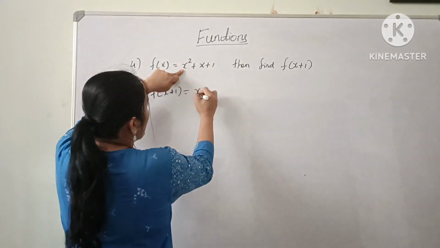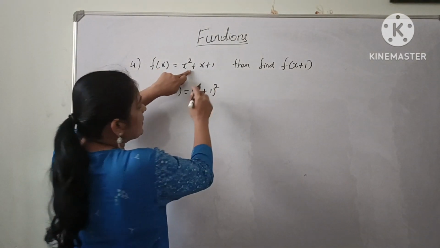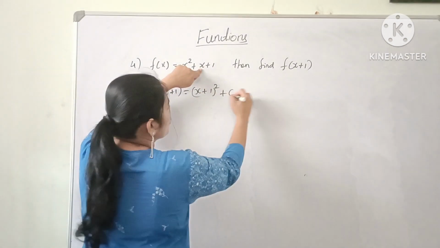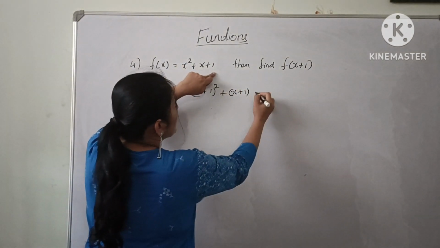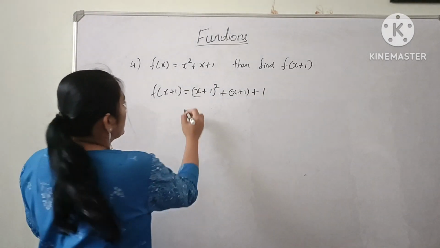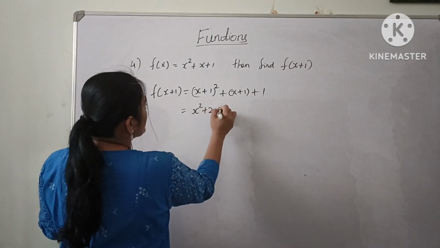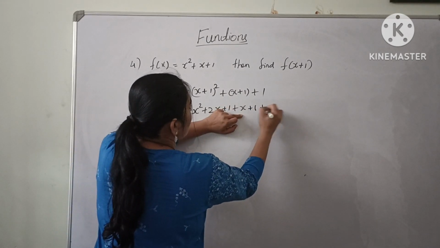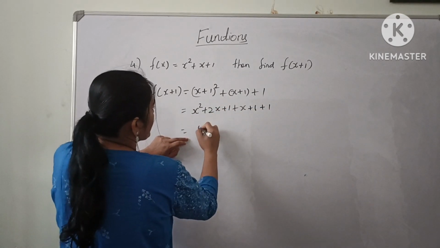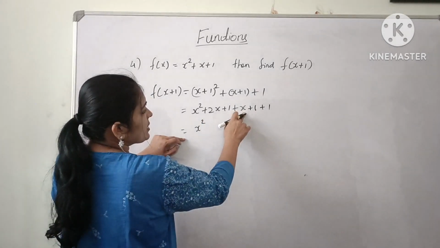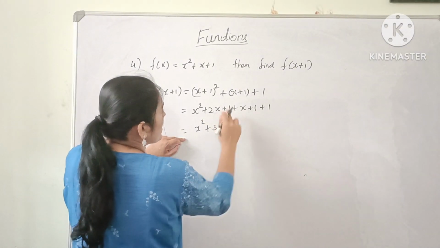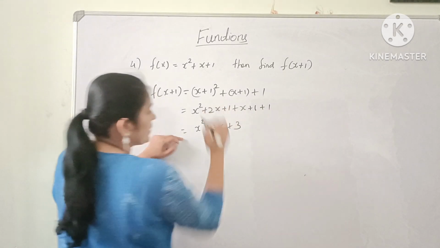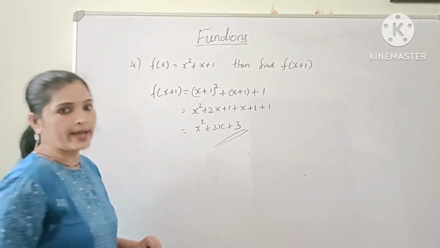So (x plus 1) whole square plus, in place of x, write x plus 1, x plus 1 plus 1. That is x square plus 2x plus 1 plus x plus 1 plus 1. That is x square plus 2x plus x, 3x, plus 1 plus 1 plus 1, 3 times, so 3. So it is the answer.